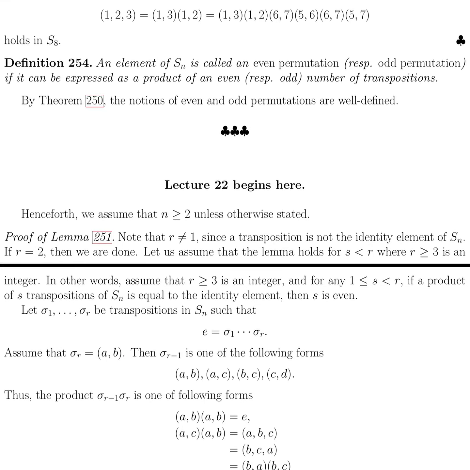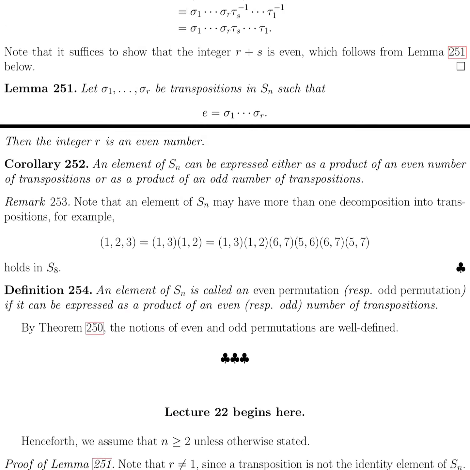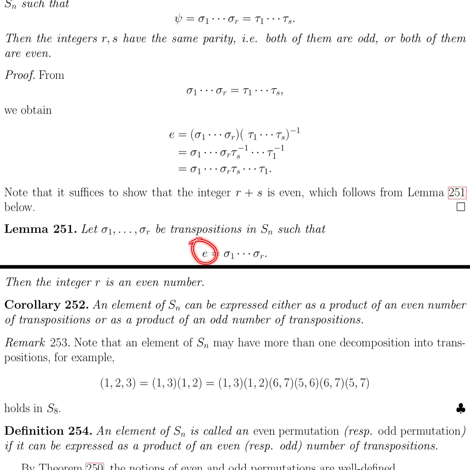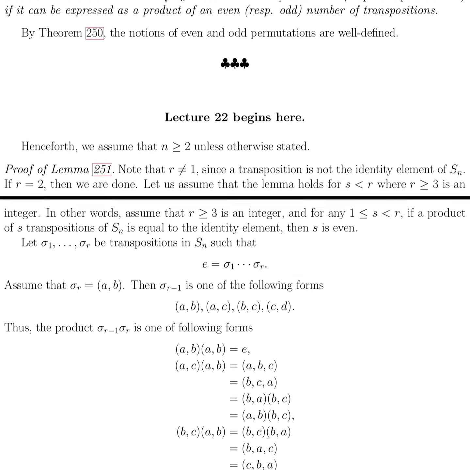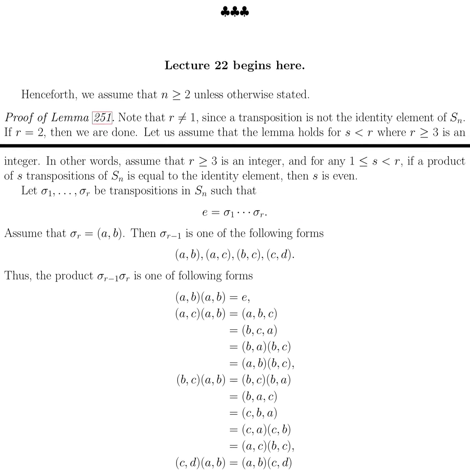So we continue with the same hypothesis, n is at least 2, and move on to the proof of lemma 251, which says that if the identity element of Sn can be expressed as a product of R transpositions, then this number R has to be an even number. This is what we are going to prove.